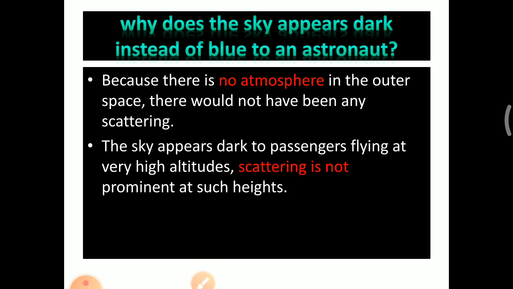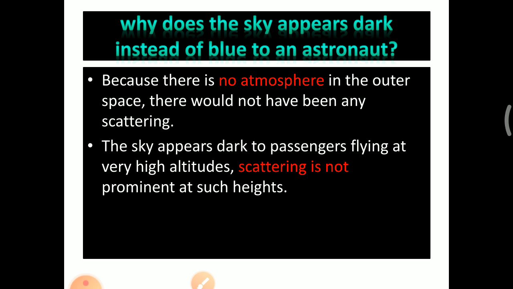Why does the sky appear so dark instead of blue to an astronaut? Because there is no atmosphere in the outer space. If you go in a long distance, if you reach a certain distance, there is no atmosphere. If there is no atmosphere means there is no particles.